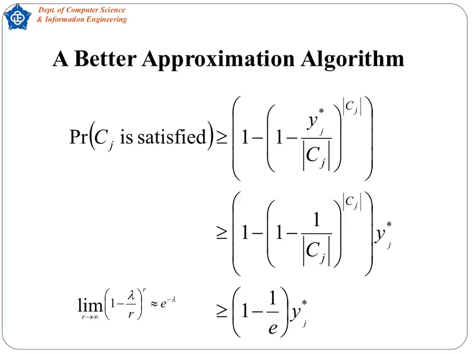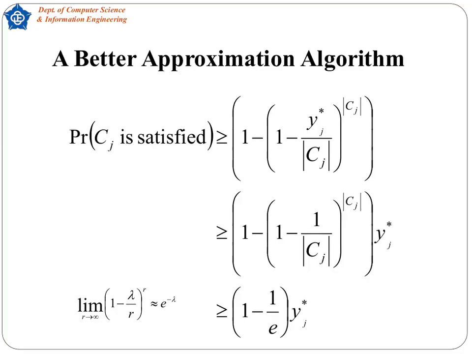Finally, recalling that (1 - λ/r)^r approaches e^(-λ) as r grows, we set λ equals 1 to arrive at the clean exponential bound. Pr[C is satisfied] is greater than or equal to 1 - e^(-y*), and then use the fact that 1 - e^(-t) is greater than or equal to (1 - 1/e)t for t in [0, 1].